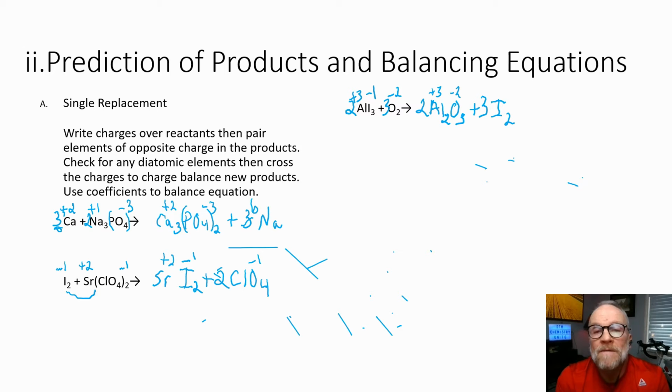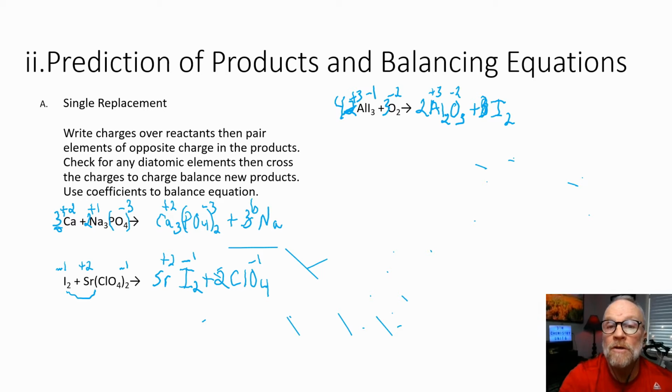So now we have 6 atoms of oxygen on either side, and we'll have to go back through and recheck. So 2 aluminum, 2 times 2 is 4 aluminum here, so we'll have to change aluminum to 4 here. 4 times 3 is 12 iodide. We got 3 times 2 is 6, so we're going to have to change this to a 6. This one's a little harder, right?